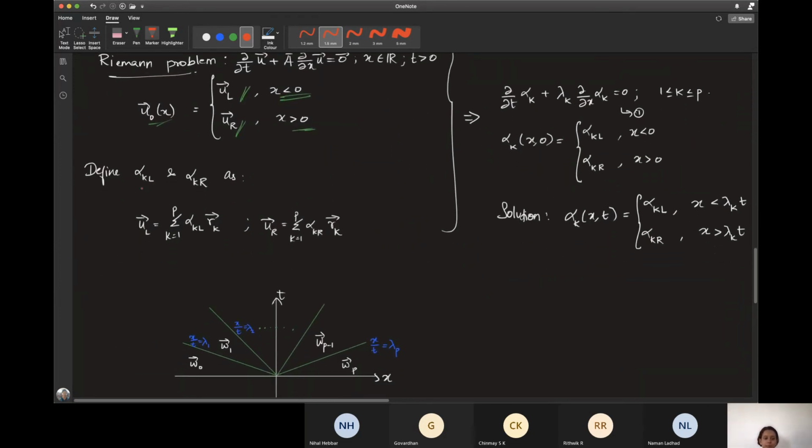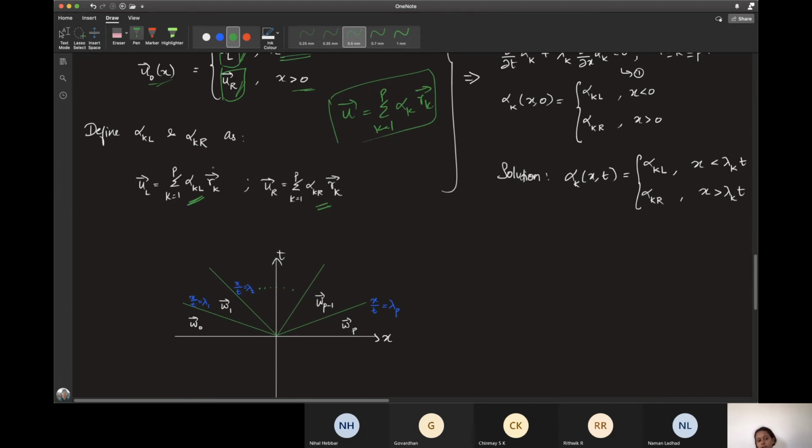So similarly, we define alpha kl and alpha kr. We told, right, that the u vector is a summation of alpha k rk vector. We saw this in the theory some time back. So each of these, that is ul vector and ur vector, can be written as some alpha kl and some alpha kr. I told you the Rk vectors are all linearly independent eigenvectors.